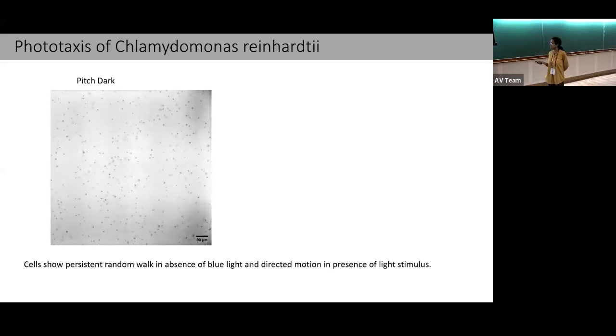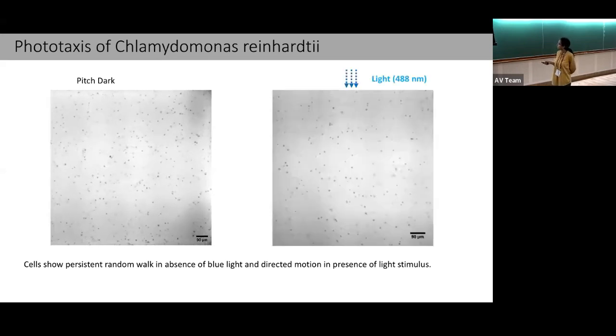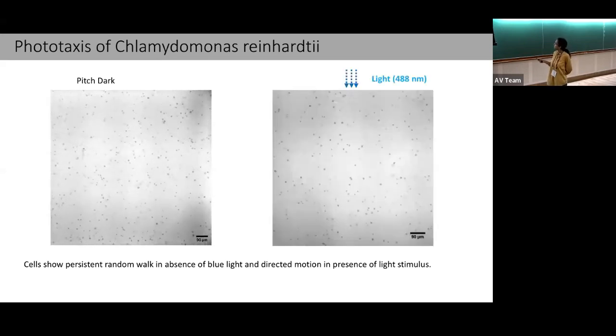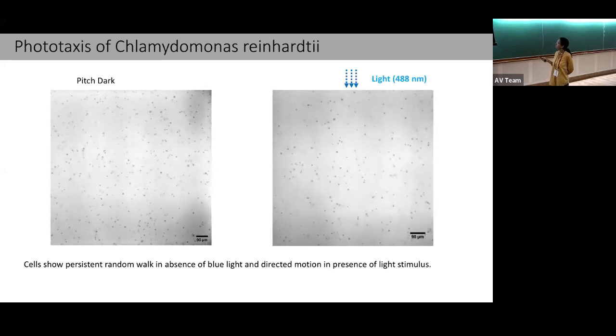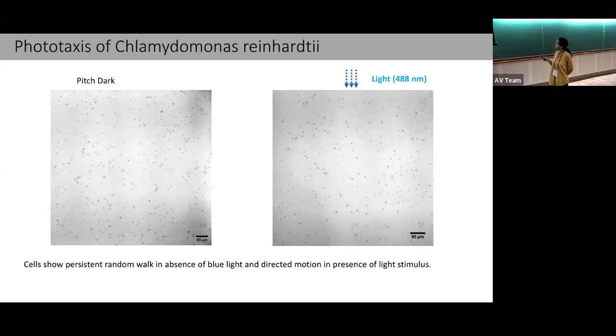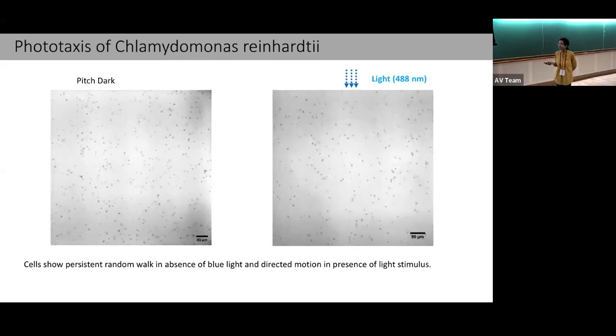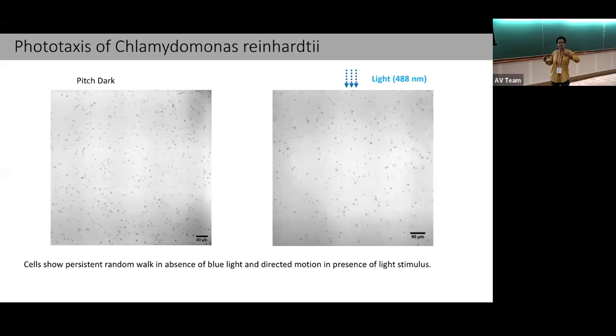So it's a persistent random walk. Okay. Now when you turn on the blue light, they will all run towards the top. But if you notice carefully, you will see that some of the cells are running in the wrong direction. And so the question is, what happens to this fraction of incorrectly moving cells as you change the cell concentration?